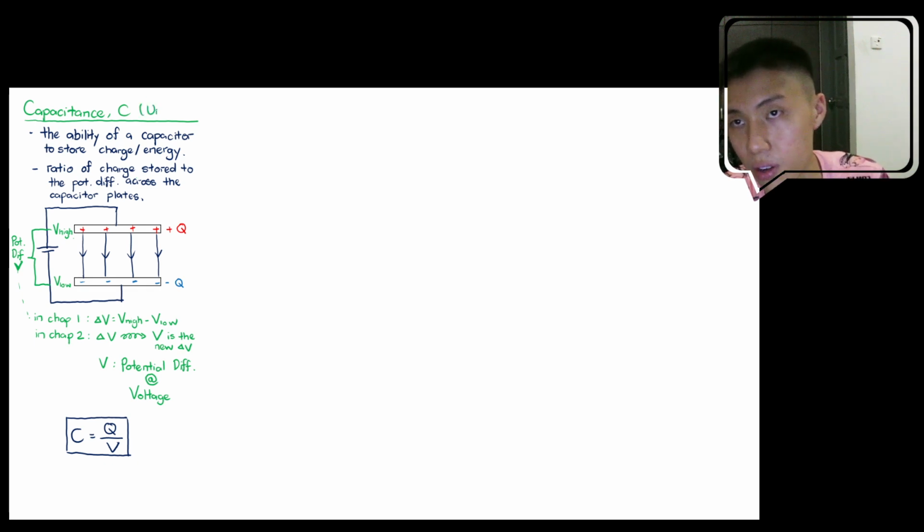If you calculate this, the capacitance unit is called the farad. We are going to call it F.